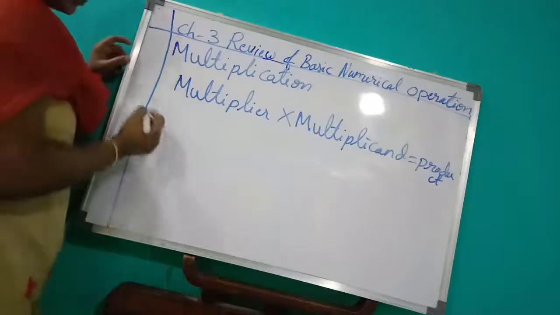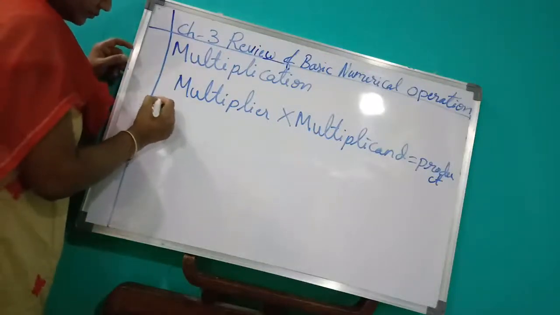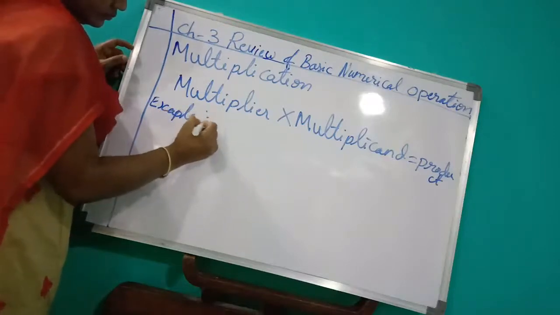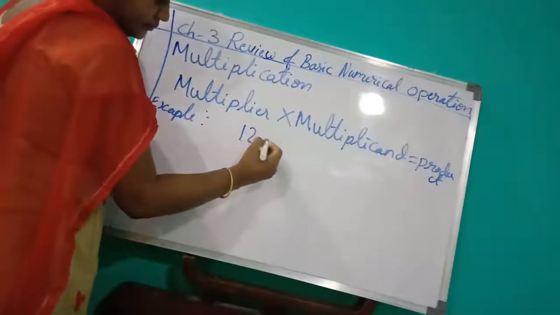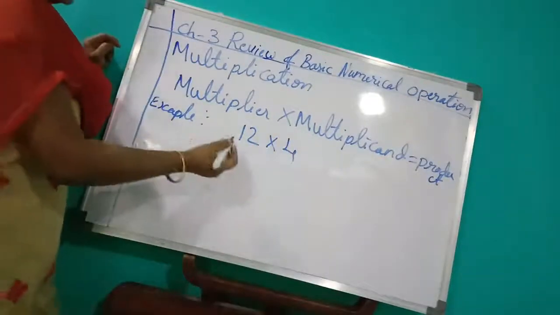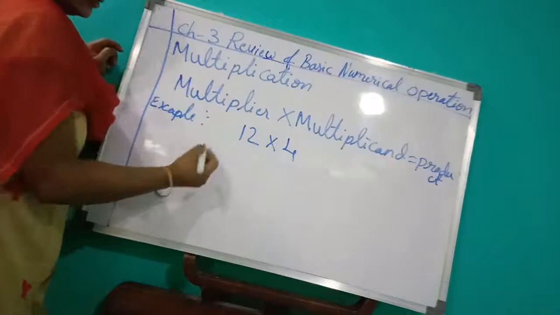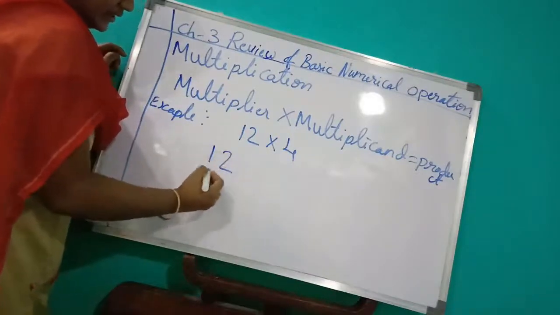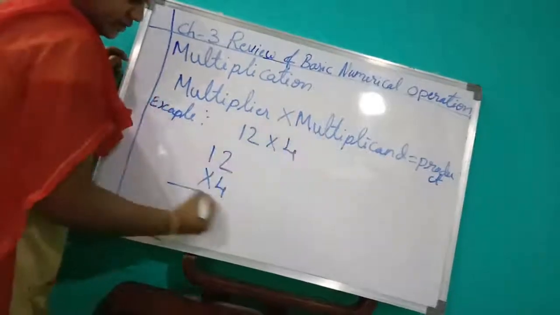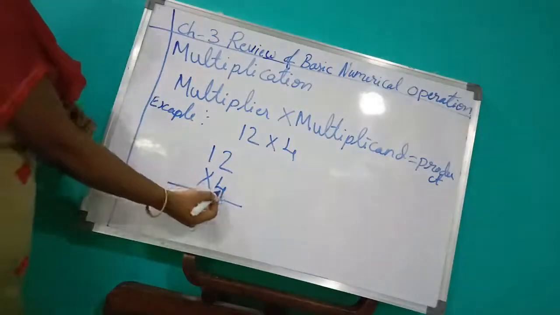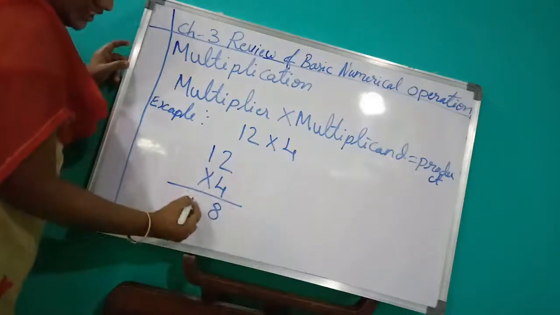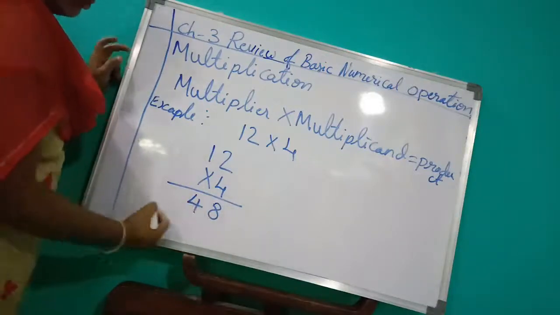Example: 12 into 4. 12 is the multiplier, into 4 the multiplicand. See, 4 2s are 8, 4 1s are 4. What is this?